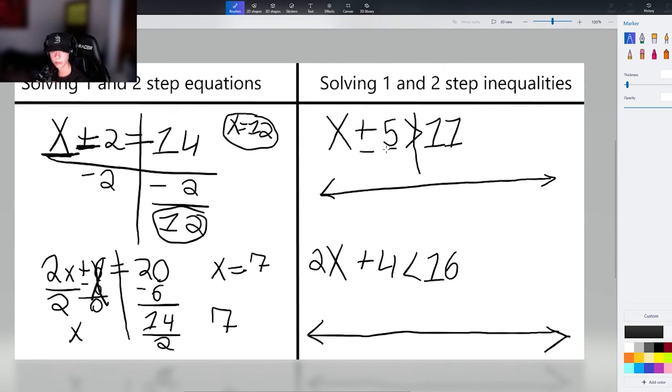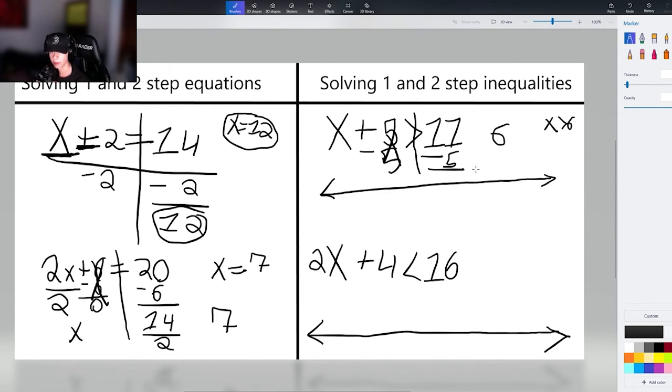So you minus 5 here to get 0. So now that's 0. You also want to minus 5 from here, which gives you 6. And now x is greater than 6. That's the answer. So our answer is x is greater than 6.